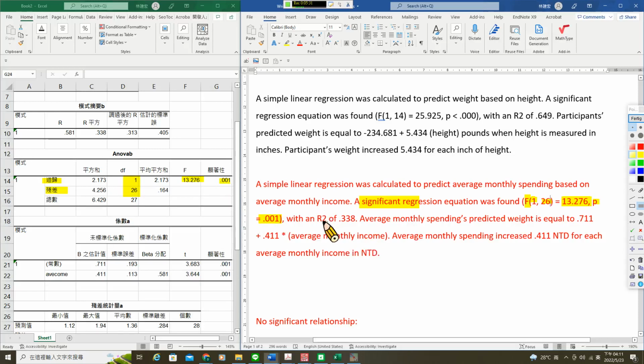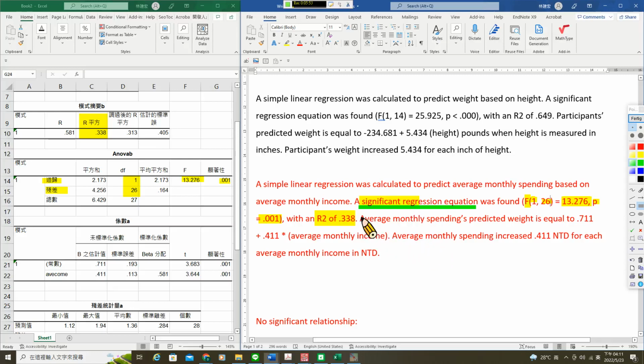And we have an R square of this value, okay? This is to verify that the regression equation is significant, and not yet to tell you what the regression is.